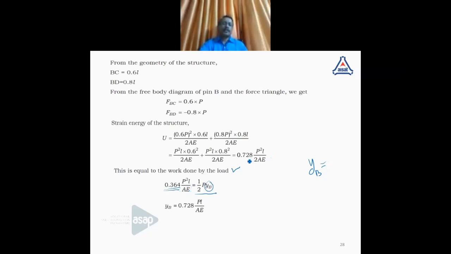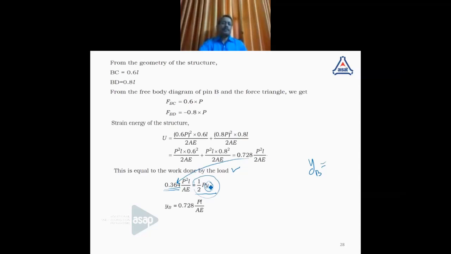This is a standard expression which we have taken from the previous slide. Half P into Y is force into deflection. From this, YB can be calculated as 0.728 PL by AE.